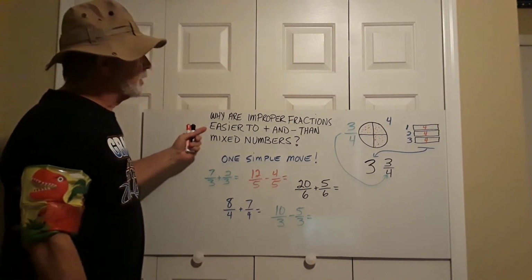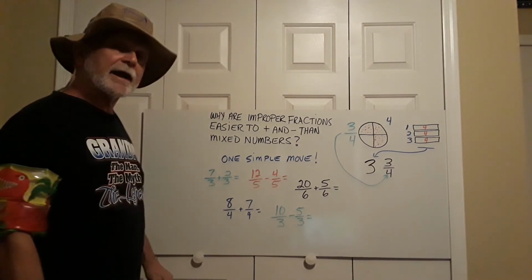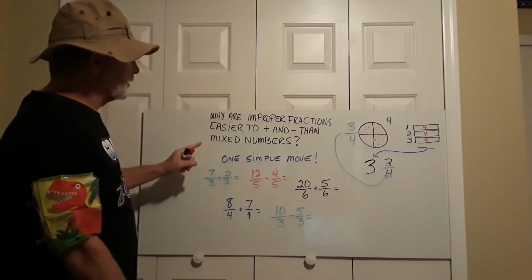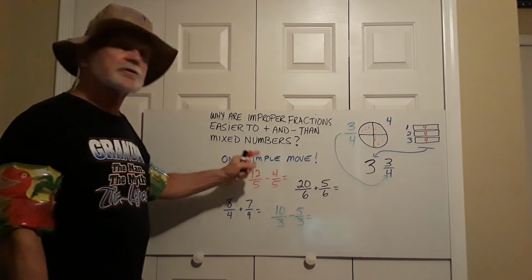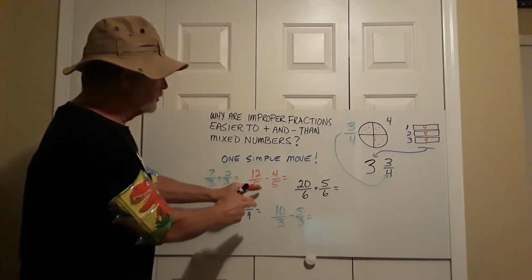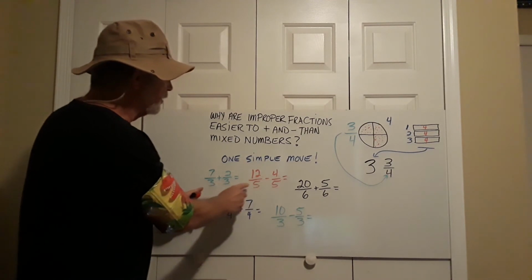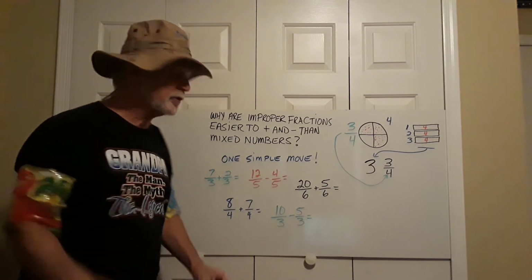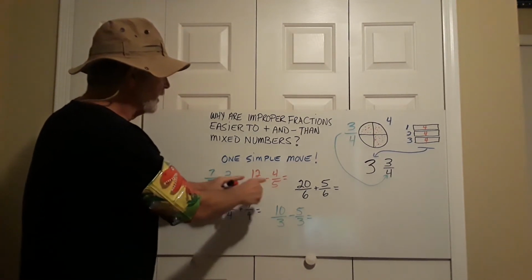Why are improper fractions easier to add and subtract than mixed numbers? There's one simple answer, and that is there's only one simple move. When you have 2 improper fractions, when you're adding and subtracting, you're only doing 2 numbers. These are fractions.